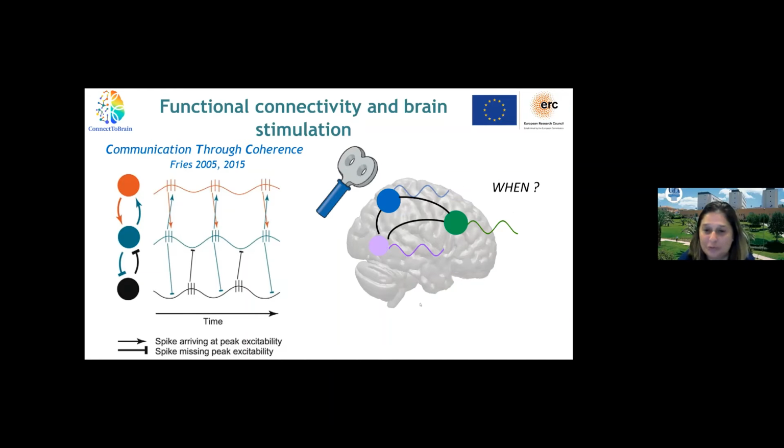And we want to use this phase difference between the areas to try to understand when to stimulate, and whether this relationship of phases between different brain regions plays a role in the effect of the stimulation that we will deliver to the brain.